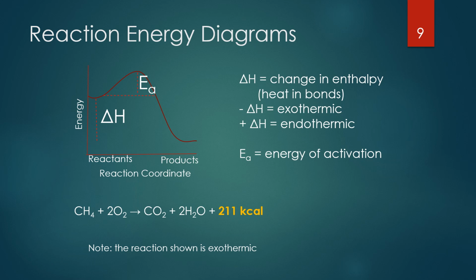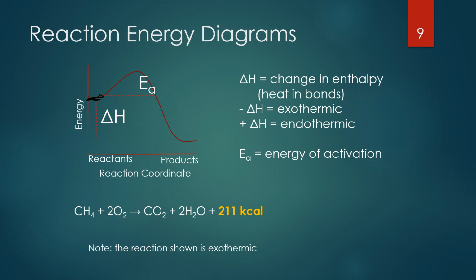All right, so in this specific diagram here, we have the reactants on this side. Okay, so our reactants are the beginning. Then those reactants have to climb over this hill, which is the activation energy hill, before the reaction can start. So the smaller the hill, the faster the reaction, which makes sense because it's harder to climb a large hill than it is to climb a small hill.